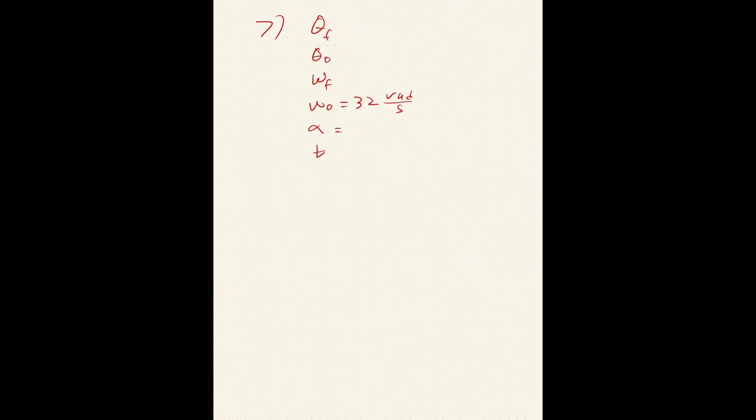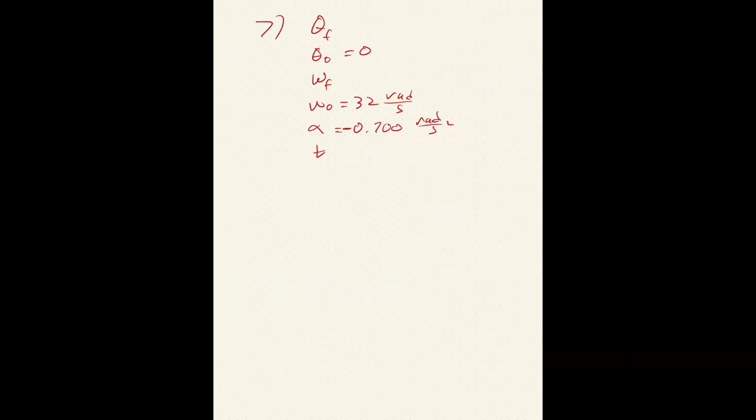That is an acceleration. Since we're slowing, this means it's a deceleration, so we're going to put a negative there. And our initial theta can be 0. We can always label that to be 0.